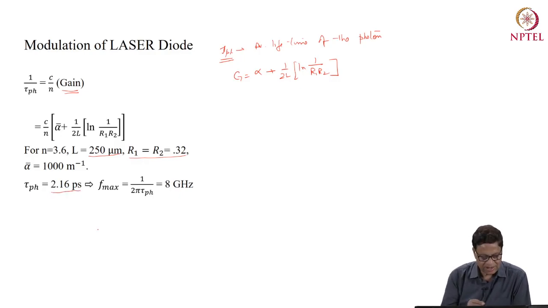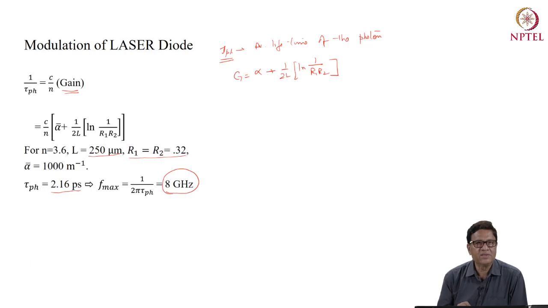And if I take the inverse of this, it gives me typically 8 gigahertz. I can modulate the laser diode at this speed. This is as far as direct modulation is concerned. If you want even higher speeds, there are other techniques using indirect modulation. But typically, you can modulate a laser diode at very high frequency of the order of 8 gigahertz.